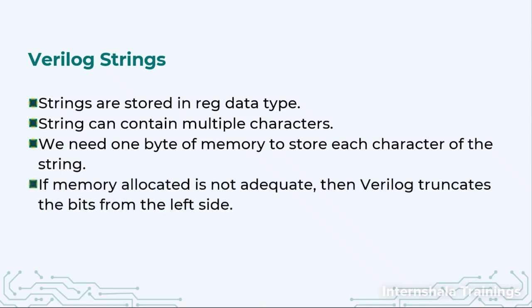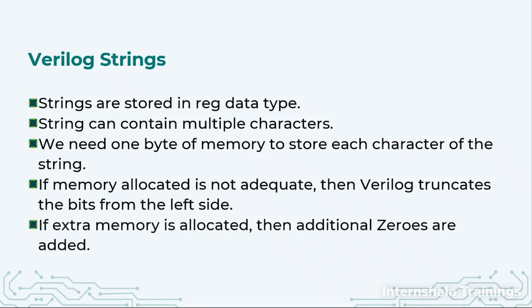If the memory allocated is not adequate, say my length is 10 but I am allocating only 5 bytes, then Verilog will truncate the bits from the left side. And if we allocate more than the required memory, say we are allocating 15 bytes for a 10 byte requirement, then additional zeros will be added.